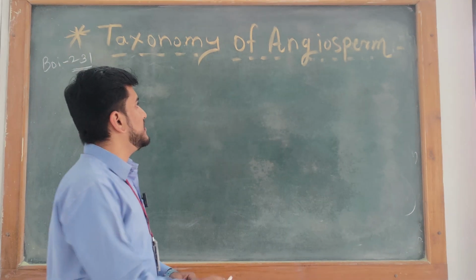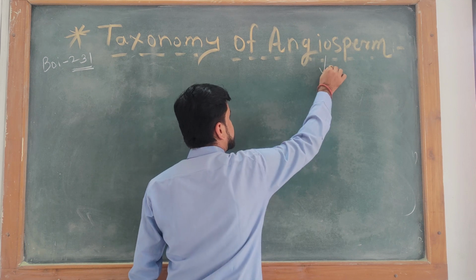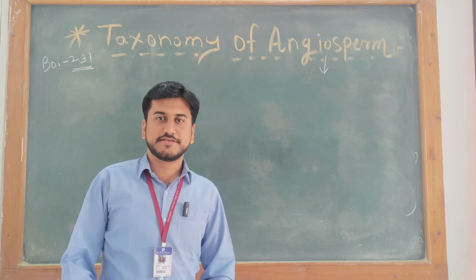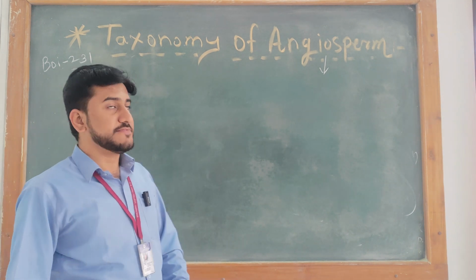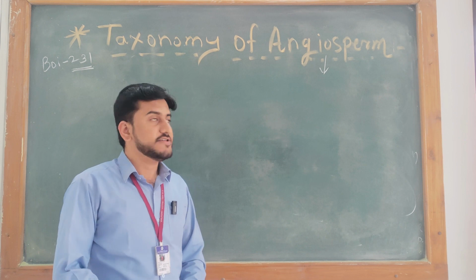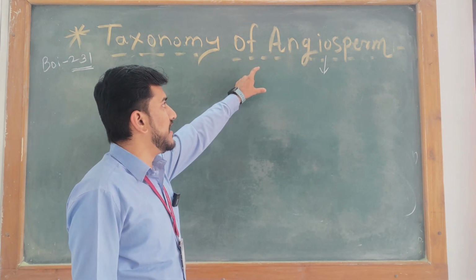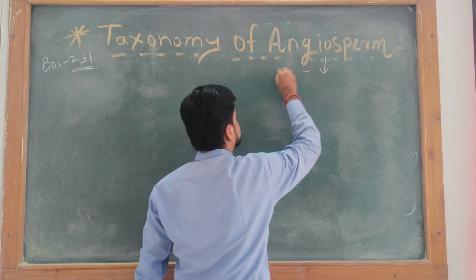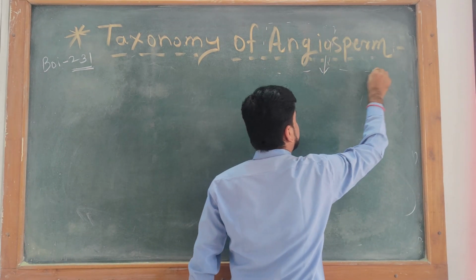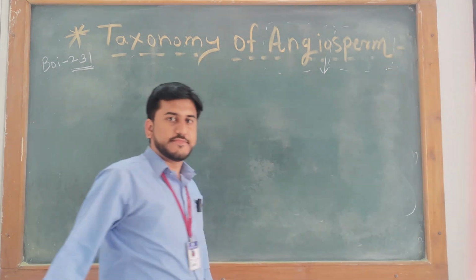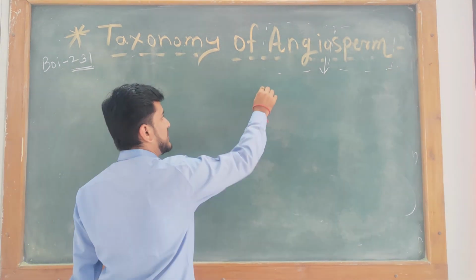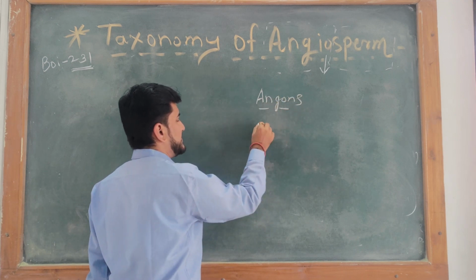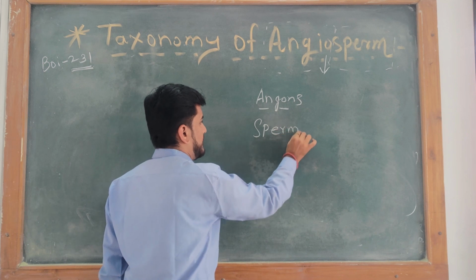This word angiosperm is most important in the plant classification system according to Bentham and Hooker. According to the Bentham and Hooker natural classification system, angiosperm is divided into two words: first is angions and second one is sperma.